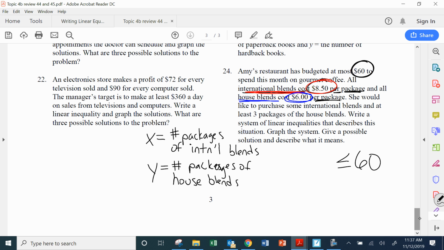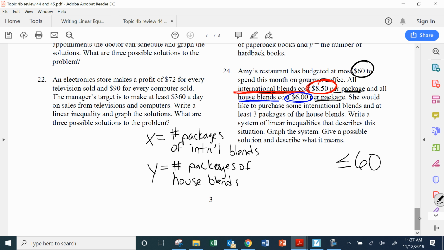Well, I know if a package of house blend is $8.50, that $8.50, this number right here, it's associated with international blends, right? Well, all I need to do then is match that up with the variable that represents international blends.